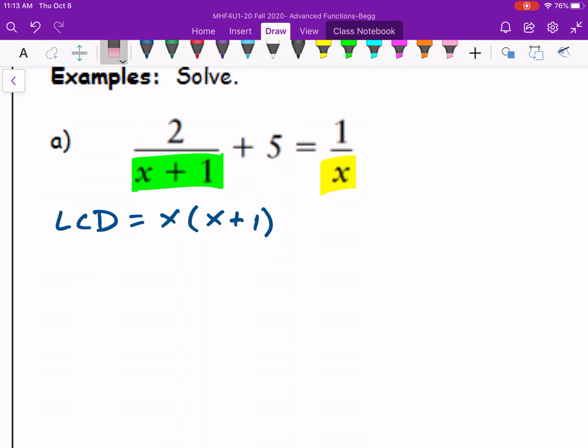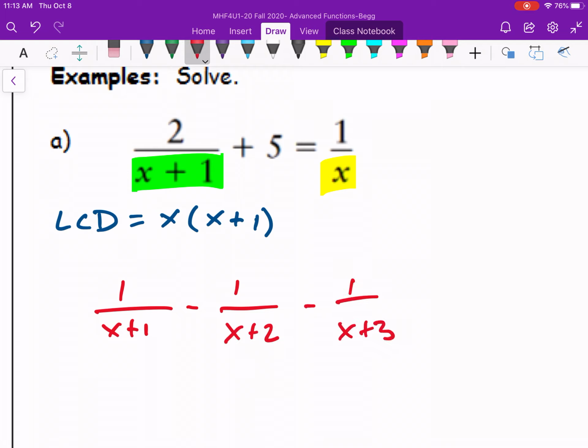Every time I've got different things, just to drive home this point, let's make another example. Say I had 1 over x plus 1 minus 1 over x plus 2 minus 1 over x plus 3 equals 1 over x. What I've got is 4 completely different denominators that don't divide into each other.